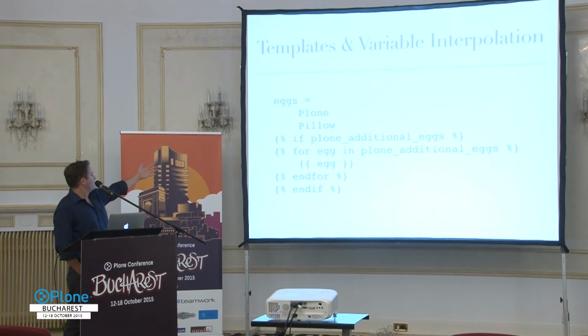So here we have basically an if block, and inside the if block, a for loop. And this basically just adds additional eggs to the list of eggs. Plone and pillow will always be there.